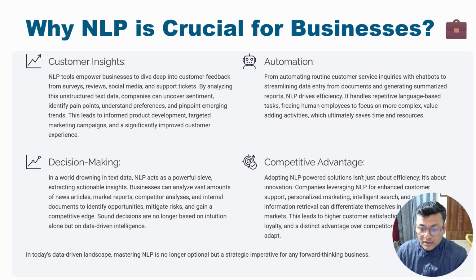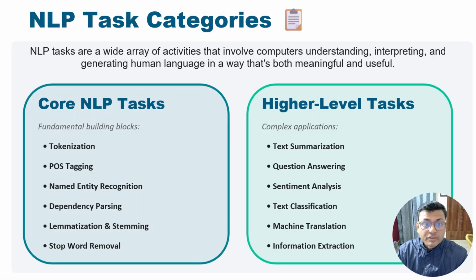Those who adopt NLP gain efficiency, innovation, and competitive edge in technological advancement. In today's data-driven landscape, mastering NLP is no longer an option but a strategic imperative for any forward-thinking business and customers.